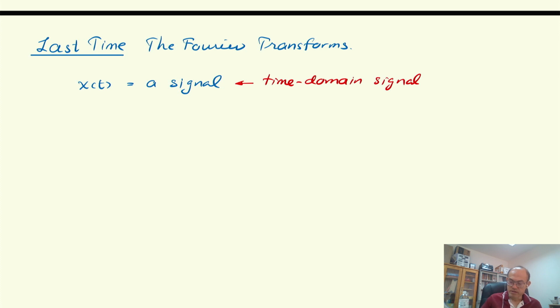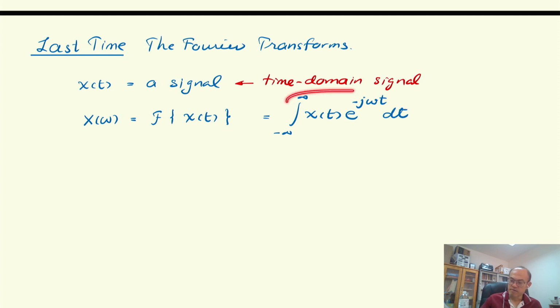So the definition of the Fourier transform is that X of omega is the Fourier transform of x(t), and its value is equal to the integral from negative infinity to infinity of x of t e to the minus j omega t dt.